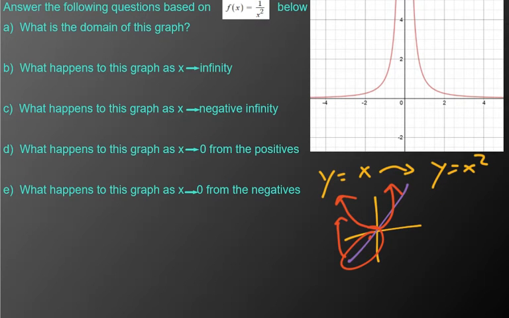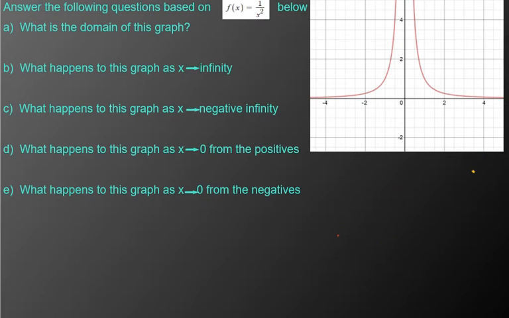But actually the curvature change is reflected also in there. The basics on this one, the domain, is still the same thing. x just can't be 0, but you can have all of R besides that. It just comes from this piece right here. You don't want to plug in 0. And as x goes out to infinity, we can see that f of x goes to 0.